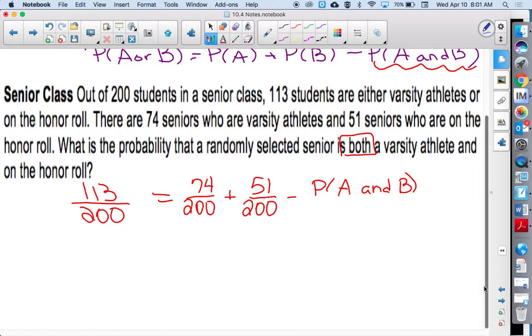So if you add your two together, take it to the other side. Will, what is 74 and 51? Yeah, so we have 125. You're subtracting 113.